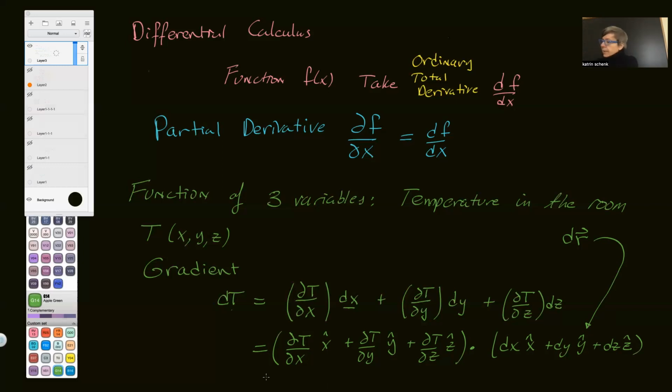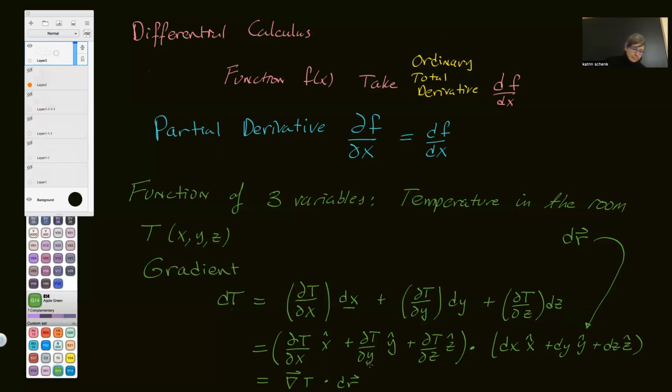Now I can define the gradient, because I hope maybe some of you recognize that the gradient is that first term. That's the definition of gradient, and it is a vector. So this is the gradient of our temperature variable dot dr. The idea is that you now have this vector that tells you how t changes in each of those directions.